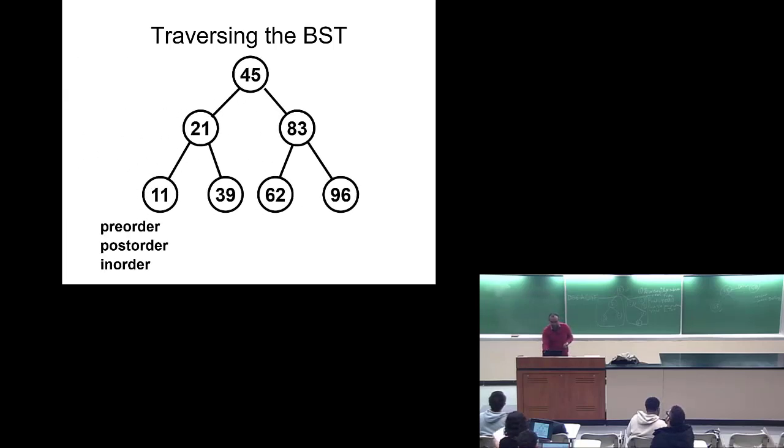You want to do some practice? Somebody please tell me what is the pre-order traversal of this tree? What values do we get in what order? Next few minutes we can use as a recitation. In pre-order, what's the first node? 45.